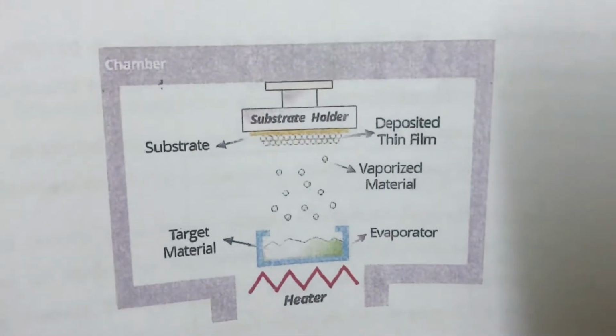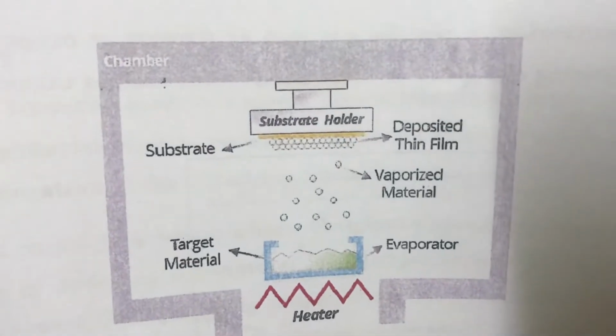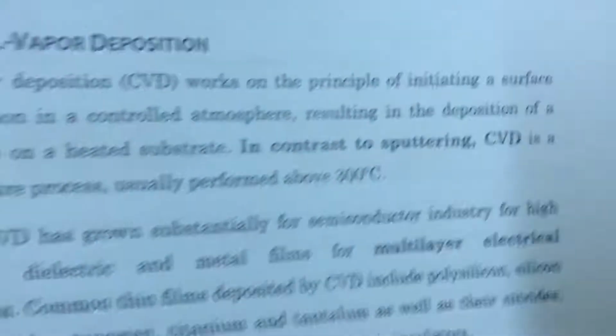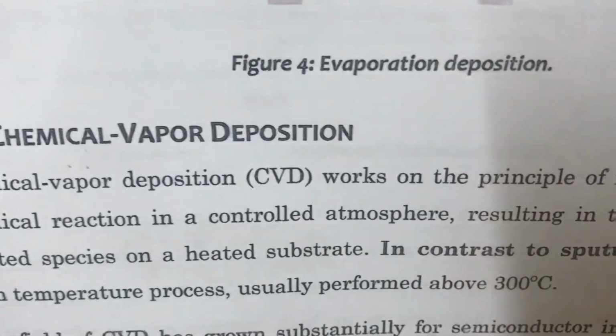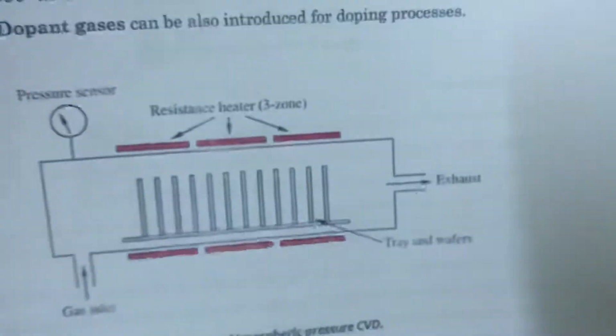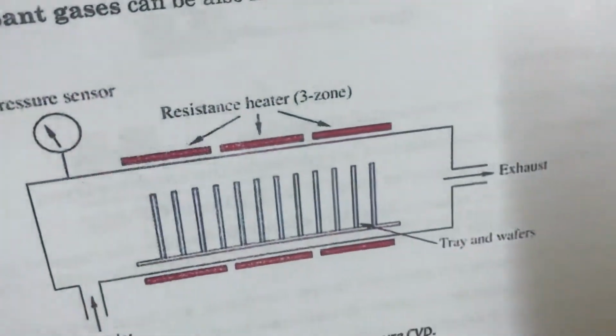And this is the chamber of this experiment. And the second experiment we will explain is called Chemical Vapor Deposition, CVD. And this is the furnace of this experiment.